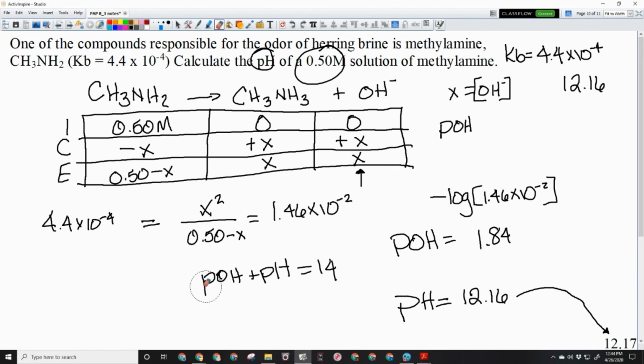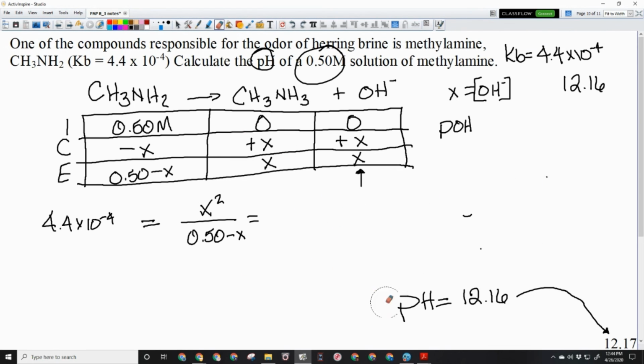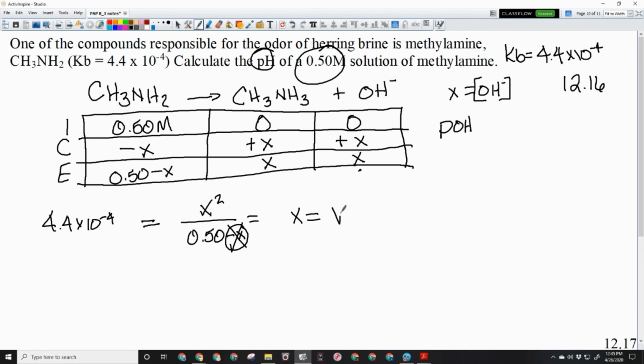All right, so let's go back to this point. Ignore this because it's so small it's not going to affect the significant digits. So x is equal to the square root of 4.4 times 10 to the negative 4th times 0.50.